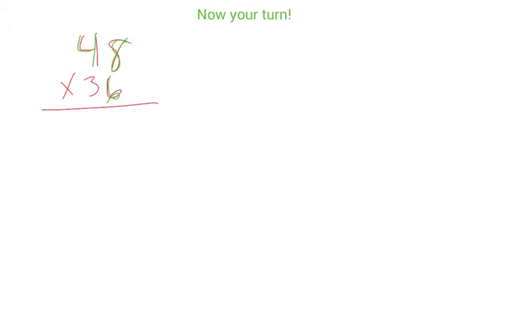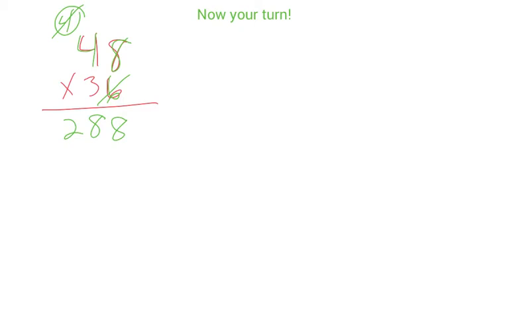So 8 times 6 is 48. 4 times 6 is 24, plus 4 is 28. Okay. I've multiplied everything by the 6 now, so I'm going to cross that out, and I'm done with the number that I carried. I've got to make sure I cross those out and don't get those confused.